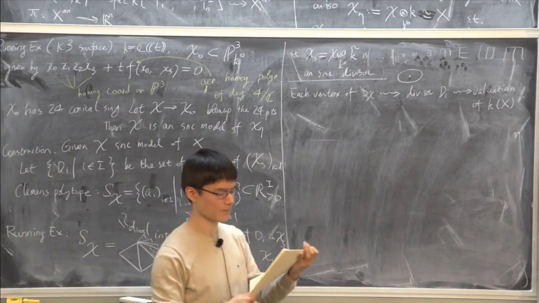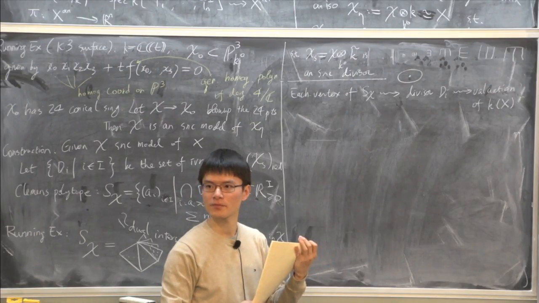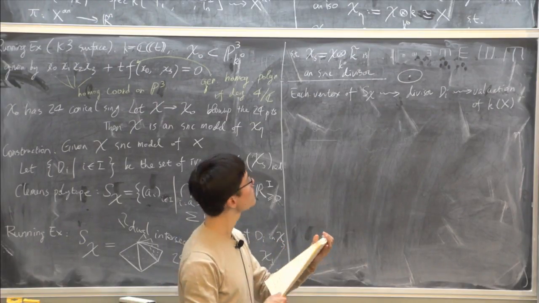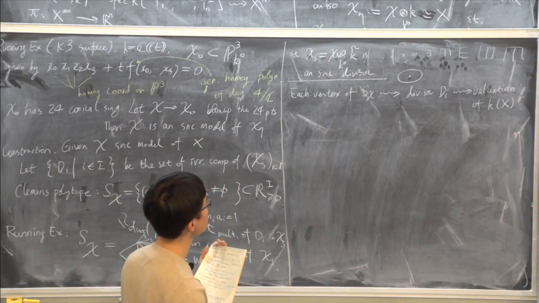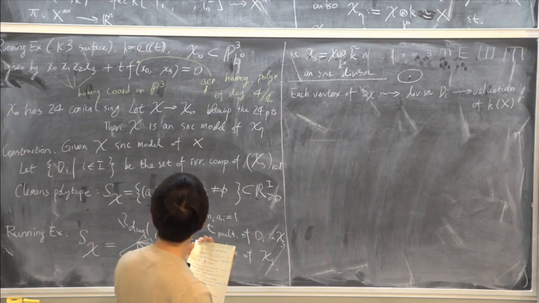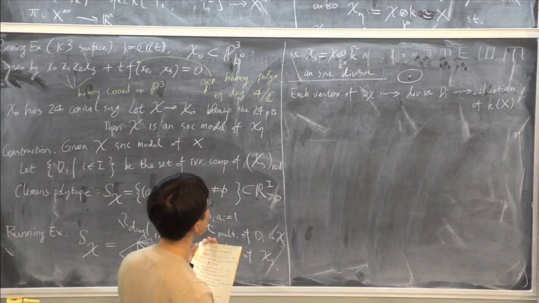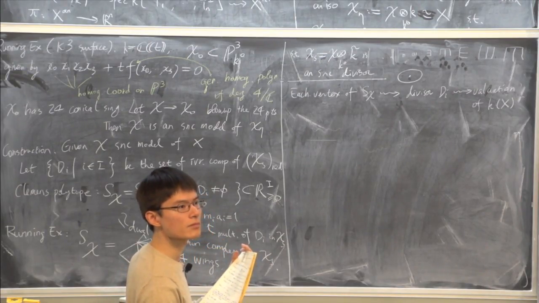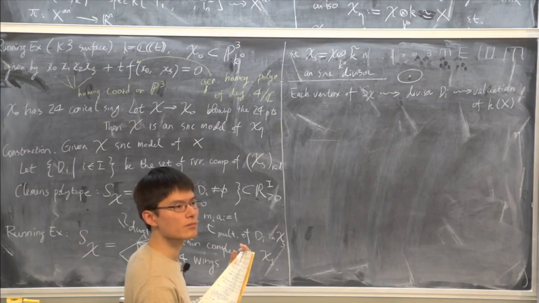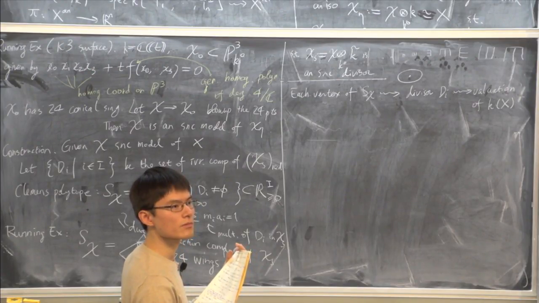Then, all he's saying is it extends the valuation because if I look at the order of pole of the function along this divisor and multiply the function by t, the order of pole is going to go down by 1.